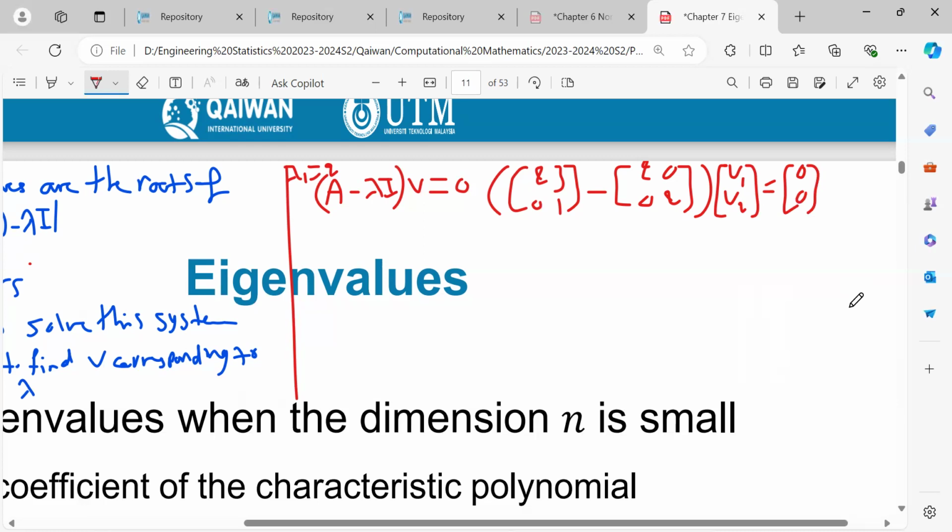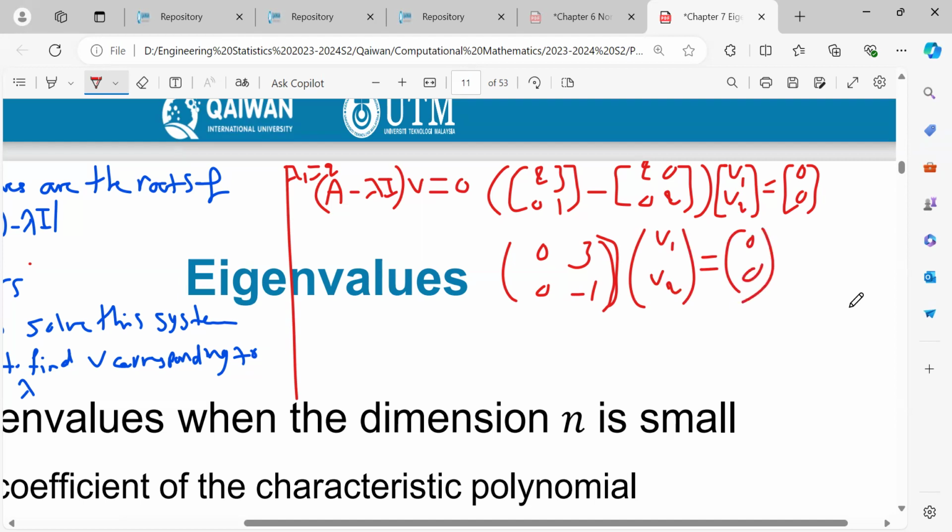Now we subtract these, we get 2 minus 2 is 0, 3 minus 0 is 3, 0 minus 0 is still 0, 1 minus 2 is minus 1, times V1, V2 equals 0, 0. We now multiply these two.